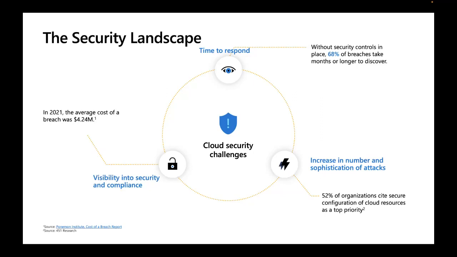And at the end, what they were saying is that organizations with fully deployed automations were able to contain a breach much more quickly than organizations without those.